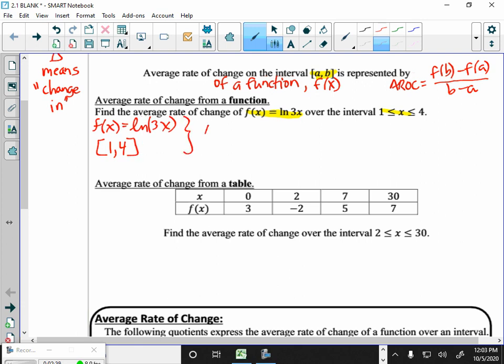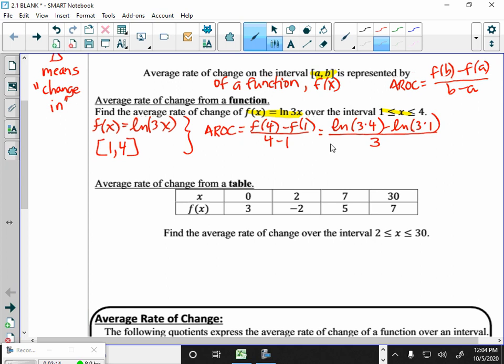So to find the average rate of change, we're going to have f of 4 minus f of 1 over 4 minus 1. So f of 4, you'll let x be 4, so it's the natural log of 12, or you could say the natural log of 3 times 4 minus the natural log of 3 times 1 all over 3. And you could do that and you could round and you would get a number.